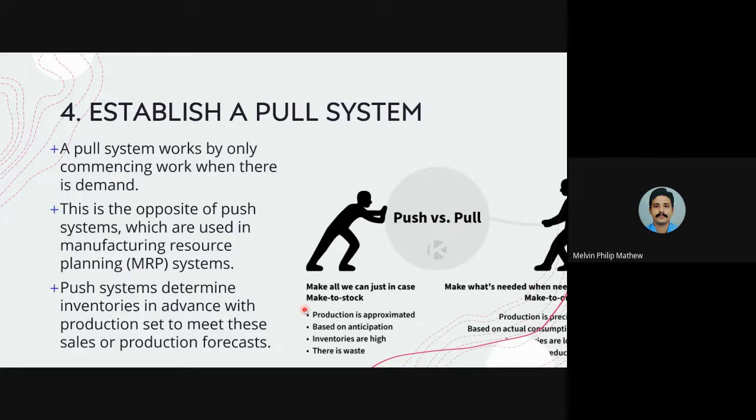The production is approximated in the sense we are determining a demand. We are predicting that this product will be needed by a large number of consumers. We are predicting it, but maybe it will be less than that value.